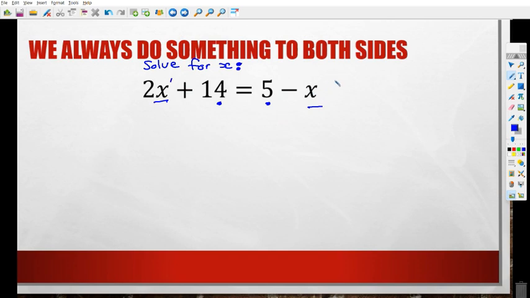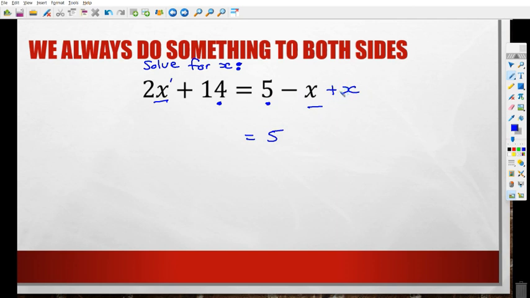I need to add an x. If I add x on this side, it's going to be minus x plus x, which is 0, and I'm going to be left with just a 5 plus 0. But now my scale is lopsided. I did something on my right-hand side.